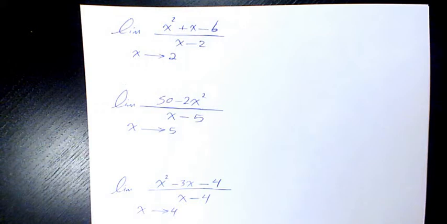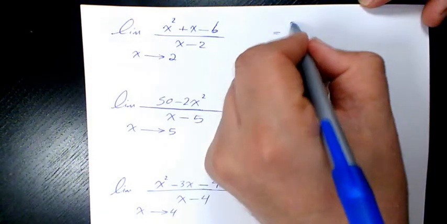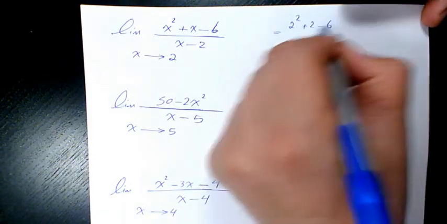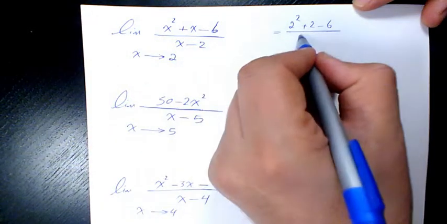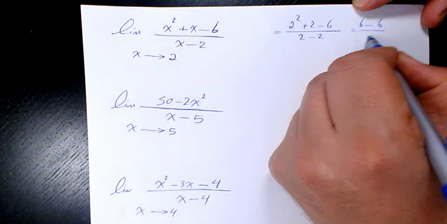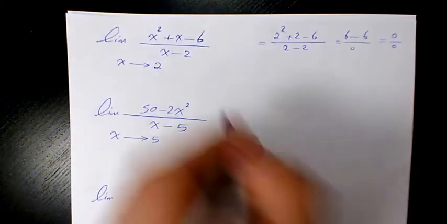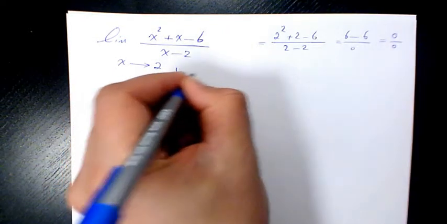Next example. Limit of x squared plus x minus 6 over x minus 2 when x approaches 2. Again, when you sub it in, it's going to be 2 squared plus 2 minus 6 over 2 minus 2. That's 4 plus 2, 6 minus 6 over 0, which is 0 over 0. Then I factor that.